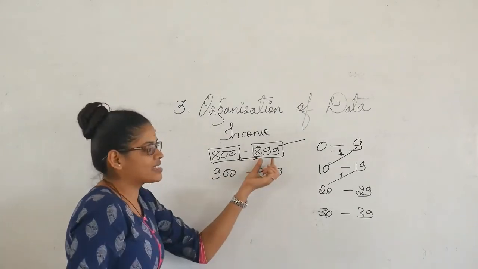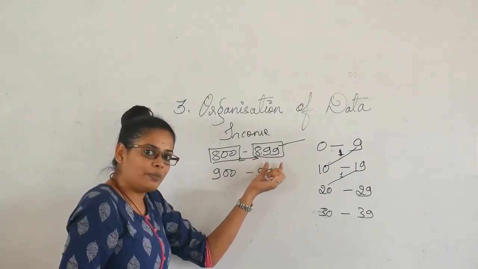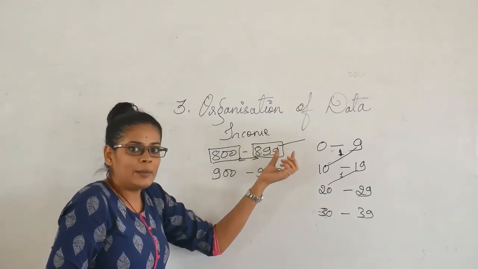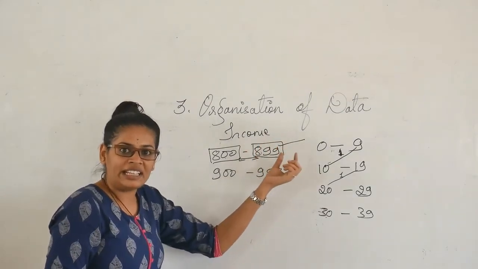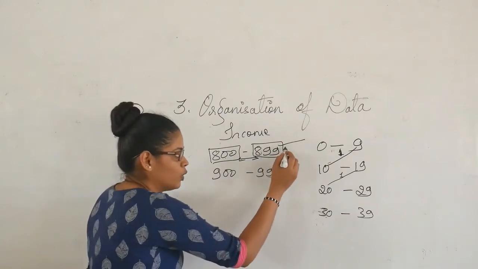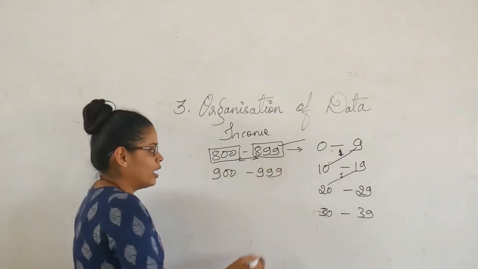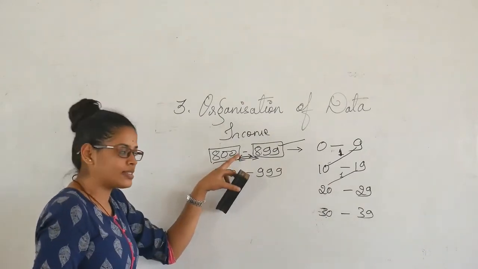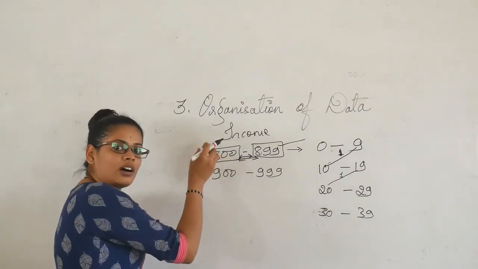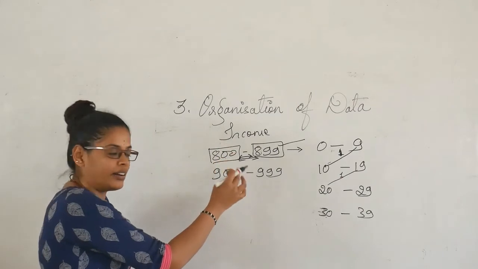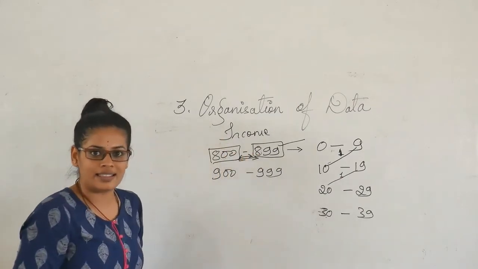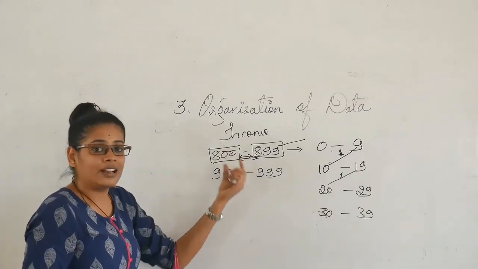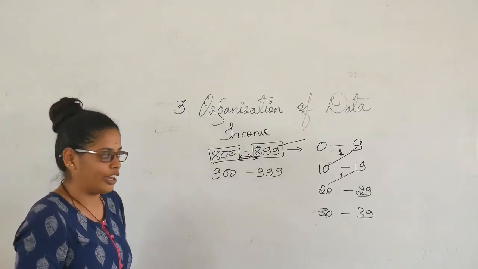Because there are some families who may also be earning 899 as their income. So we include them in this class interval. Who are earning in between this, we also include, and who are earning exactly 800, we also include in this class interval. So that's the inclusive method of classification.